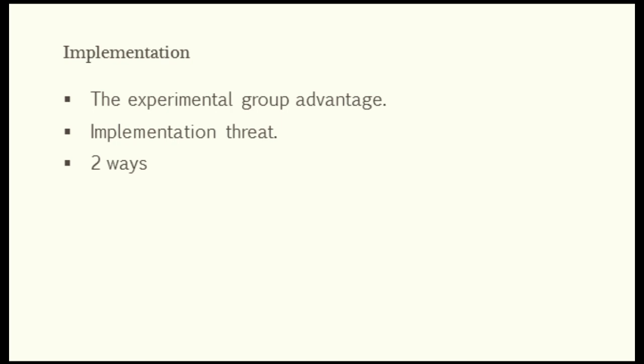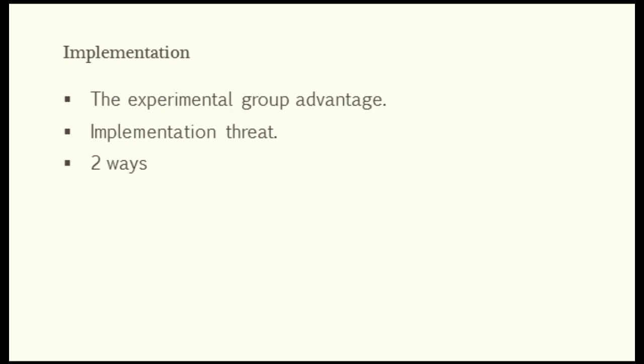Another way that implementation threat can occur is when some individuals have a personal bias in favor of one method over the others. So let's say that in Jose's study, the teachers are more excited when they use Jose's intervention than when they use the traditional method.